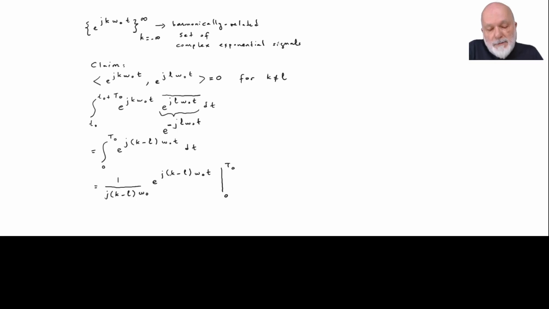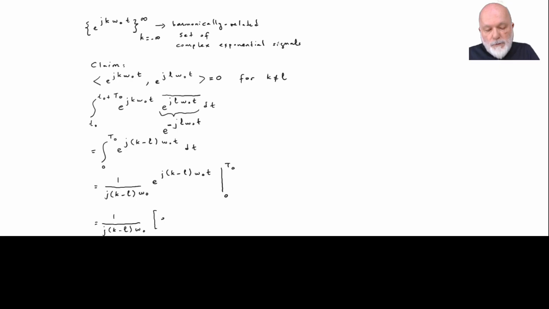Now remember that k and L are integers and they are not equal to each other. They are arbitrary integers.